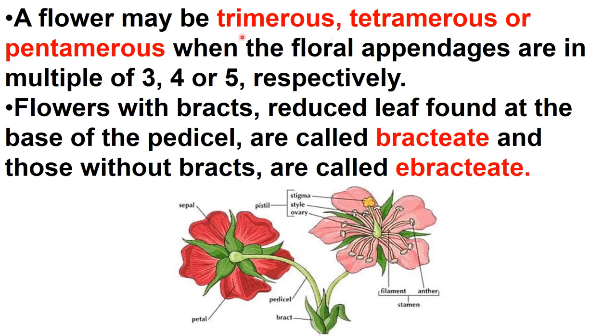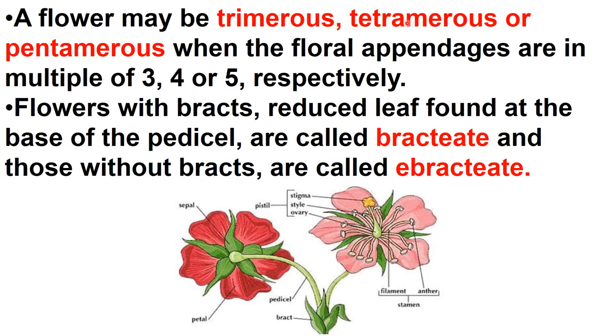Also any multiple of the three, right? If 6 petals are present or 9 petals are present, in that case also that flower will be called trimerous flower. So 3 or multiple of 3, such number will represent a trimerous flower.